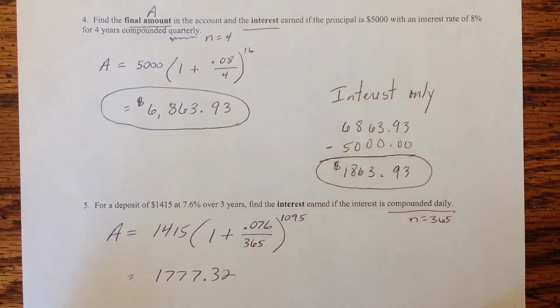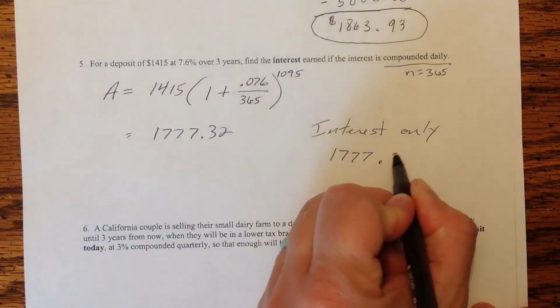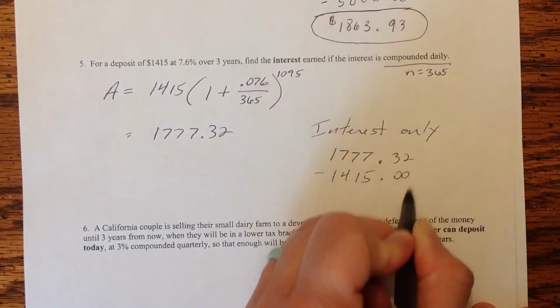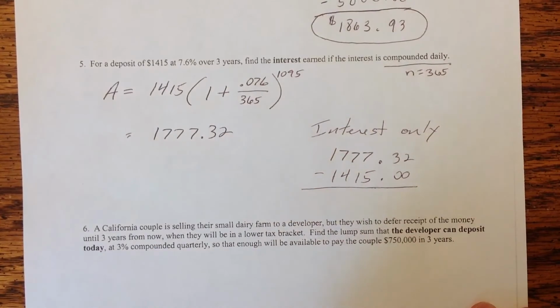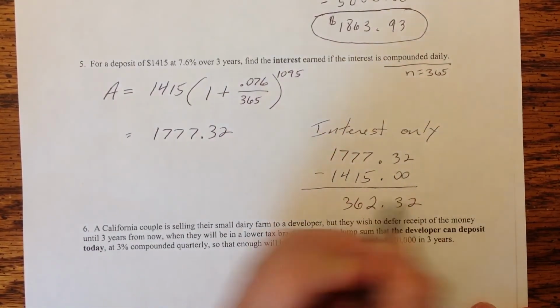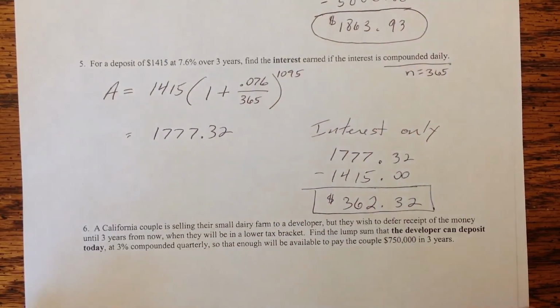So that's your future value. To find interest only, you need to subtract. So you need to take 1,777.32 minus 1,415, and you get 362.32. So here would be your answer on that problem, the interest only.